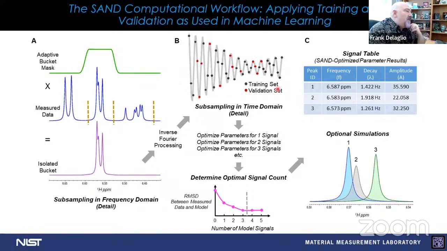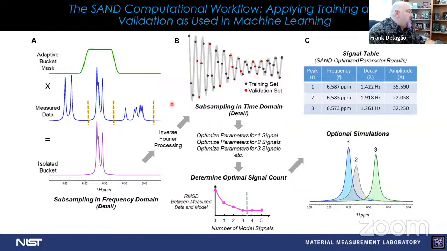So what we do in the SAND approach is fit the data with the training set, and every time we propose a new peak, we perform the spectral model and see if the model that we fit to the training data improves the agreement to the validation data that was never used in the fitting procedure. And it's when the improvement to this validation set stops improving that we know we can stop adding new signals to the SAND model.